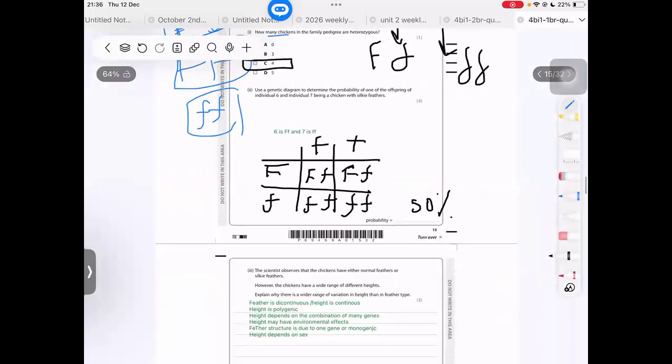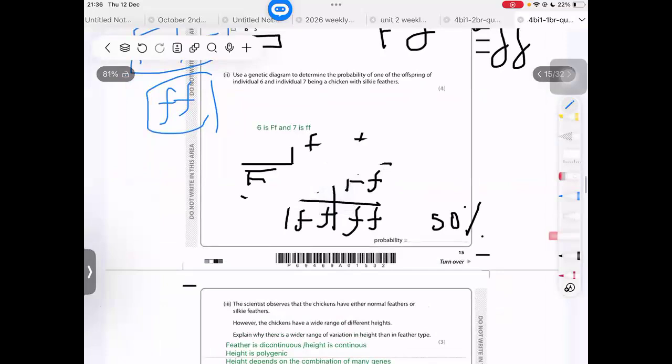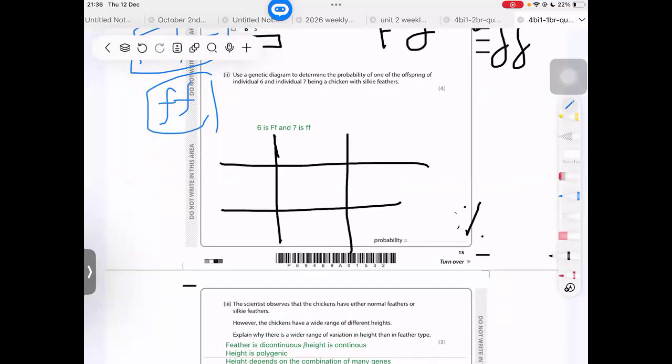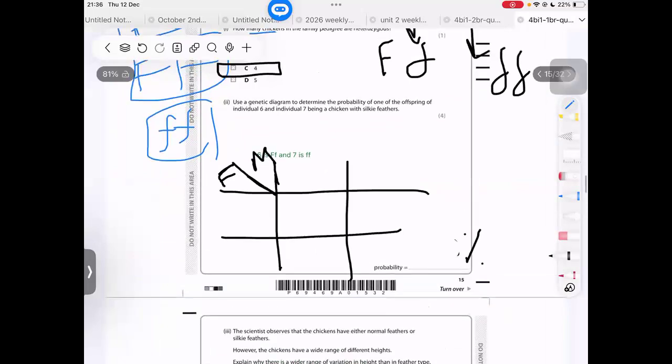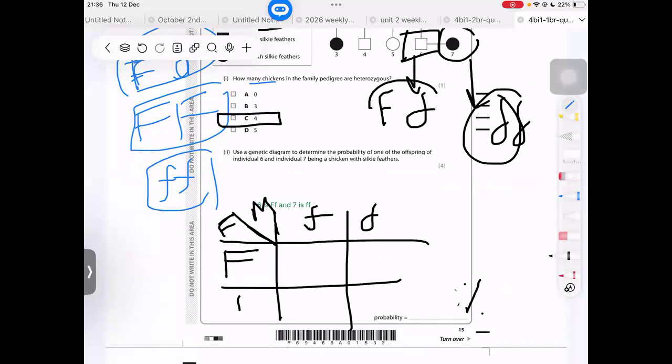You can draw a table. I'll erase this table and draw a new table like this. You can put mother over here and father over here. In this section, I'm going to write the mother's allele. Mother's allele is simple f, and father's allele is capital F, simple f.